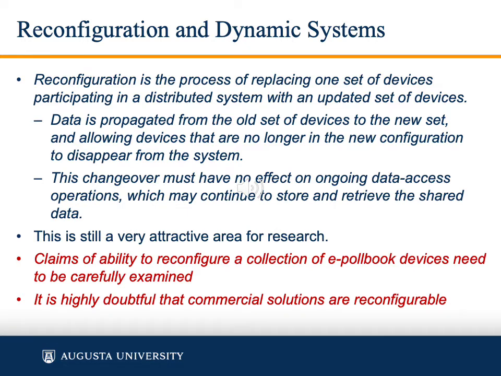So, an electronic pollbook system must be able to reconfigure on the fly when new devices are introduced, and of course it must be able to remove misbehaving or crashed devices from the configuration and also isolate suspected devices from the system. Reconfigurable dynamic distributed systems is an attractive area of research, and electronic pollbooks is a perfect target for applying research results to real systems.